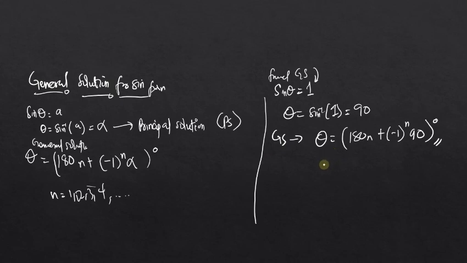We can also rewrite it in radians, and this will be equal to pi n plus minus 1 raised to the power n. Then you convert the angle that you got here to this one, so this will be pi on 2, all this in radians. So that's how we can apply that.